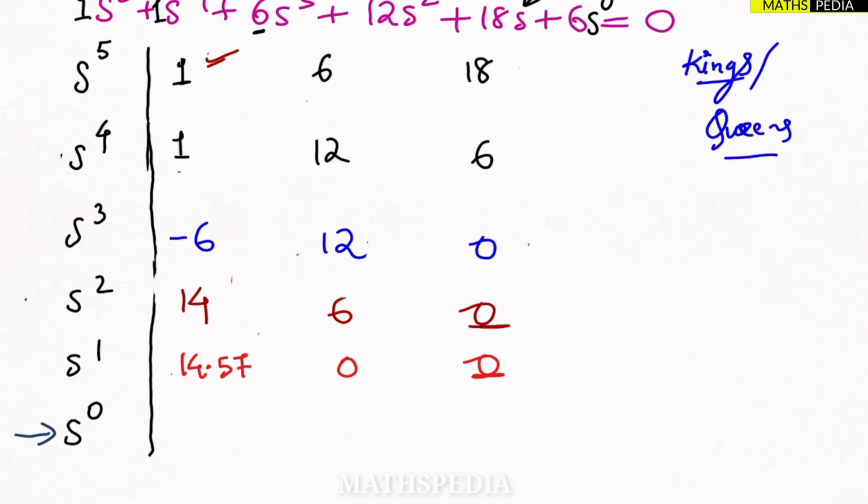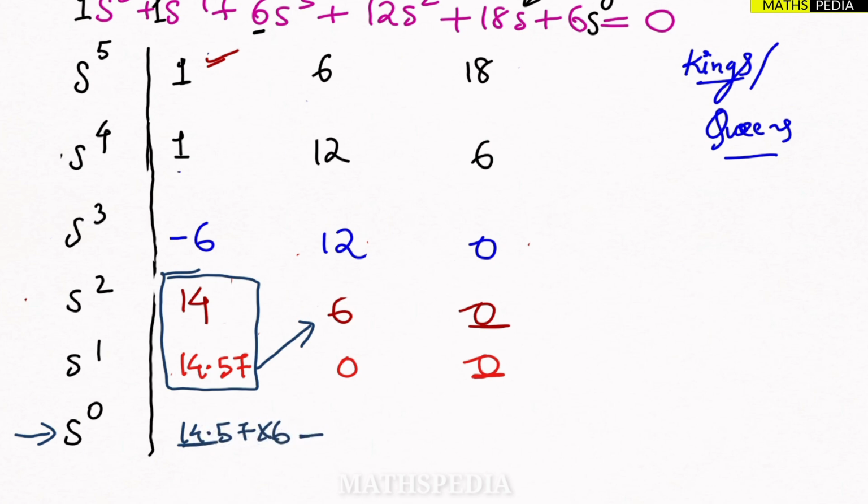Now for s power 0 we have to consider this element. How to consider this element, s power 0? Again the bottom two kings I have to consider. Multiply the bottom king, 14.57 into 6 minus 14 into 0, divided by the bottom king, which is nothing but 14.57.